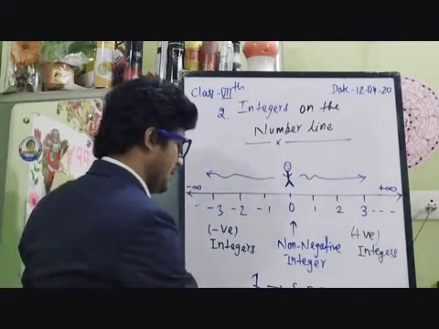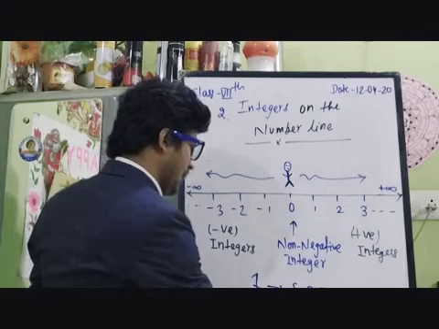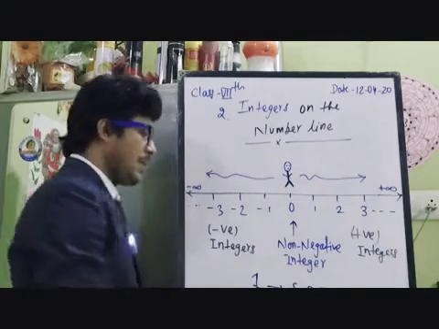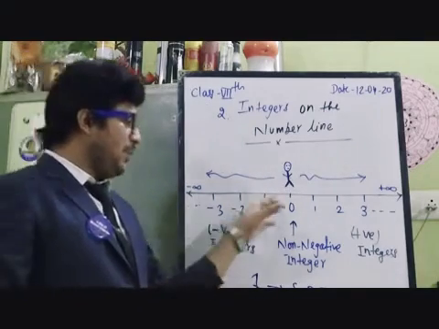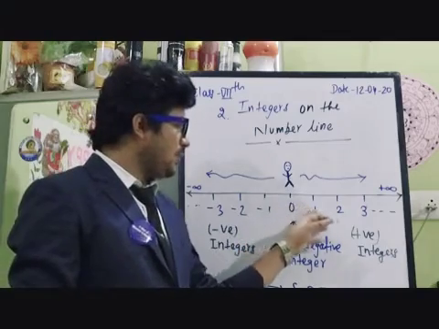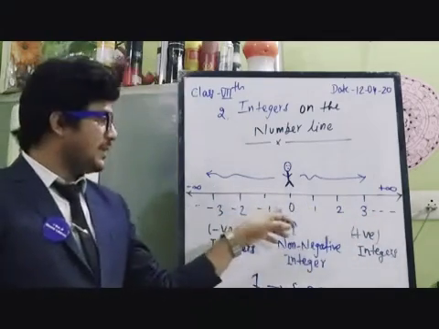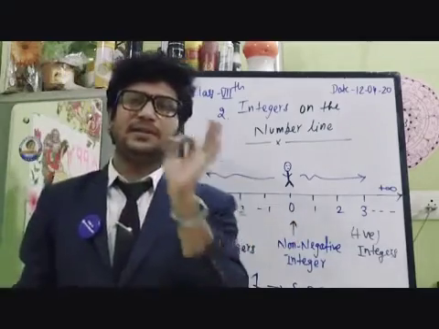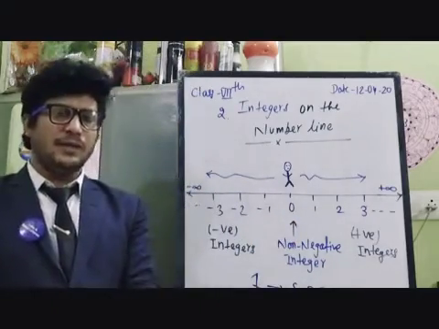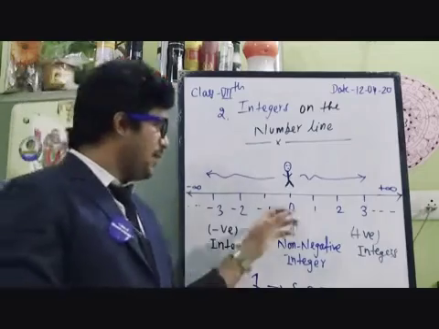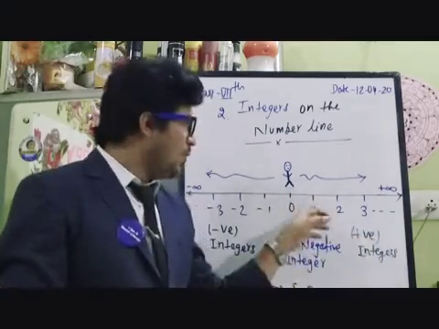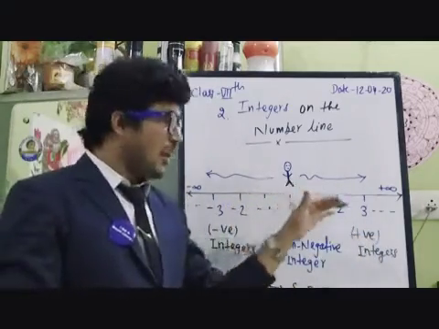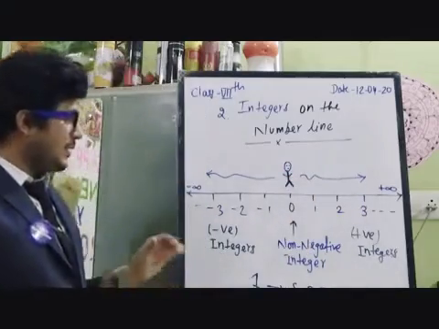Every positive number, suppose 1, 2, 3, is greater than 0. Is that correct? Yes, every positive number is greater than 0. 1 is always greater than 0.